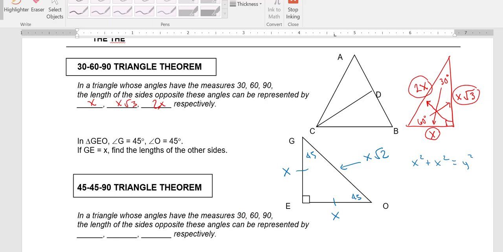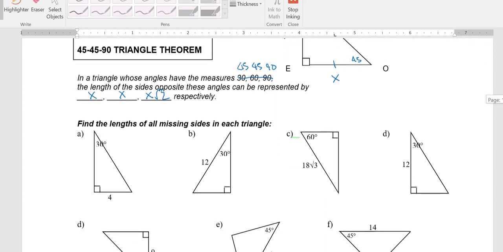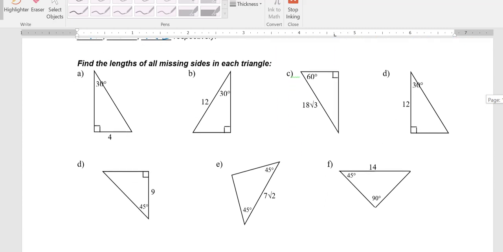So if we're looking at 45, 45, 90, it's going to be x, x, x times the square root of 2. All right, so let's try some problems down at the bottom, and you'll see that this will come in handy big time.